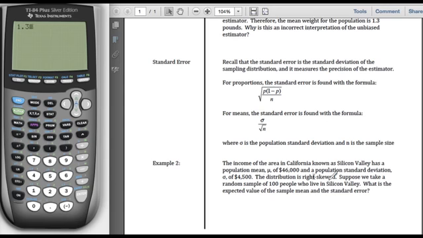This distribution is right skewed. It is not bell-shaped. But suppose we take a random sample of 100 people who live in Silicon Valley. What is the expected value of the sample mean, that's x bar, and the standard error?